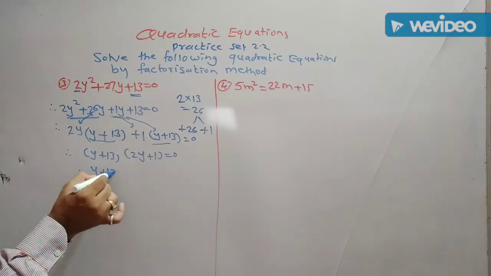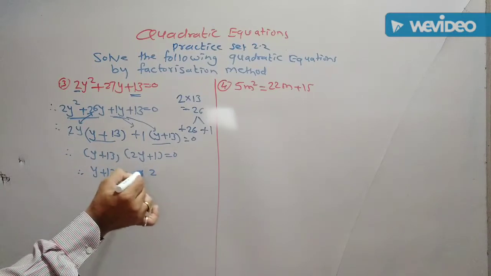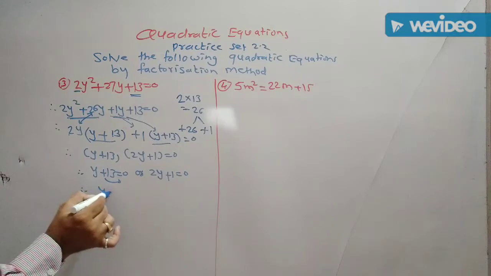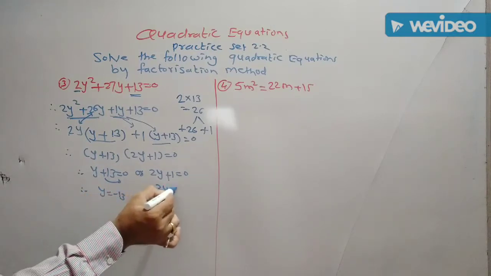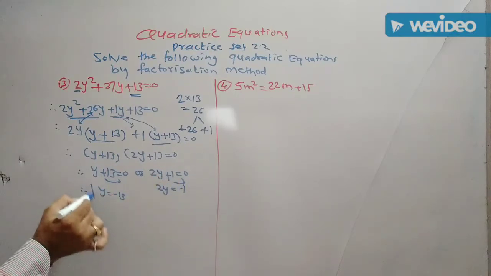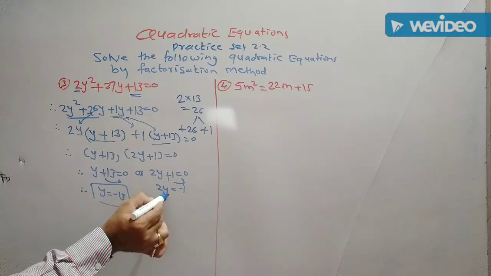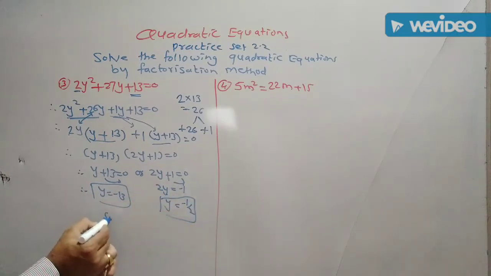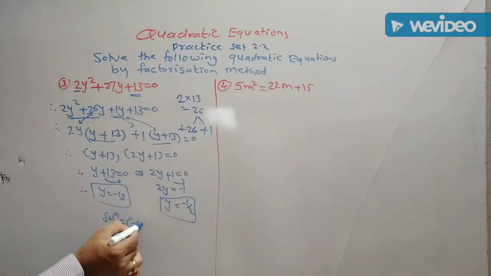Now y plus 13 is equal to 0 or 2y plus 1 is equal to 0. Now plus 13 gets converted to minus and plus 1 gets converted to minus. Now to find the value of y, multiplied 2 gets converted to division, and therefore the solution of that equation is minus 13 and minus 1 half.